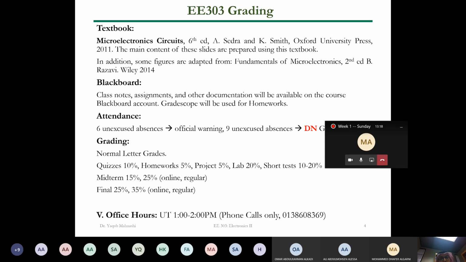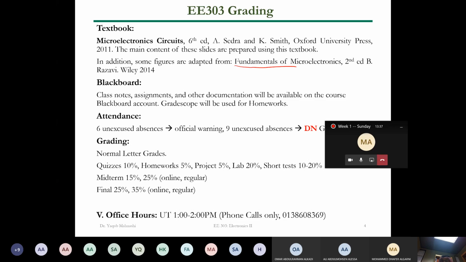Some figures in my slides will also use parts of another great textbook, Fundamentals of Microelectronics. It's not our textbook, but it is a very good reference in microelectronics in general.